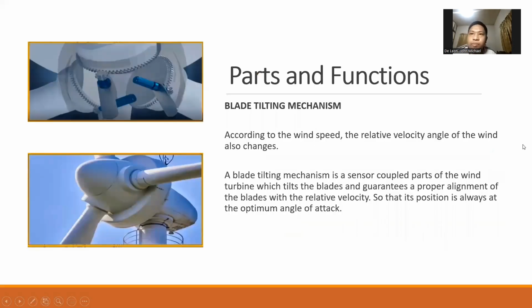Okay, next. Parts and function. Blade tilting mechanism. Nakita naman dyan sa picture. According to the wind speed, the relative velocity angle of the wind also changes. A blade tilting mechanism is a sensor-coupled part of the wind turbine which tilts the blades and guarantees a proper alignment of the blades with the relative velocity so that its position is always at its optimum angle of attack.